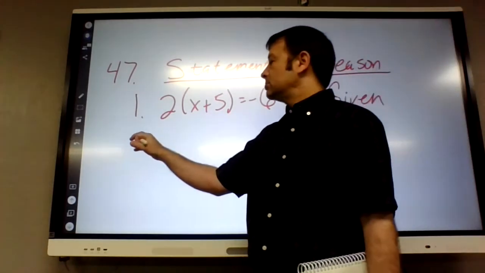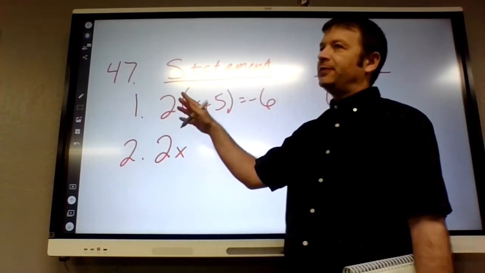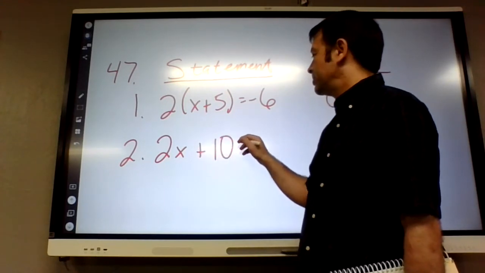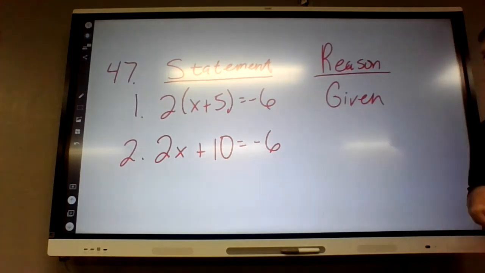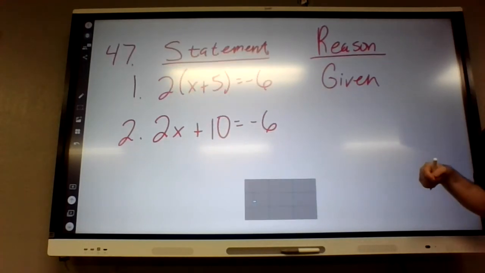If you just divide by 2 on the left, the 2 just disappears, because it's the opposite of times 2. So it'd be x plus 5 equals -3. But if you do it that way, you're going to have to write your own.